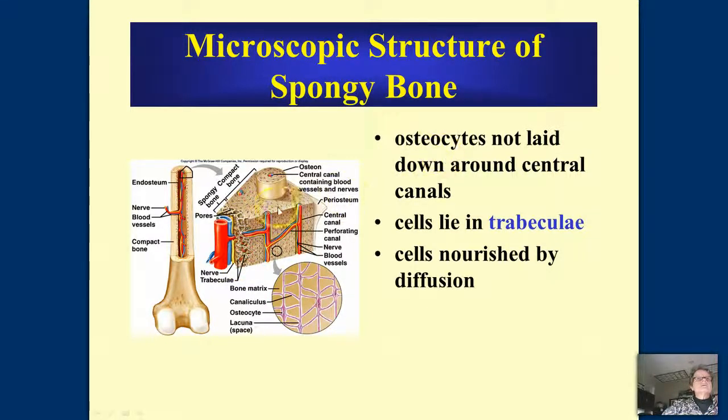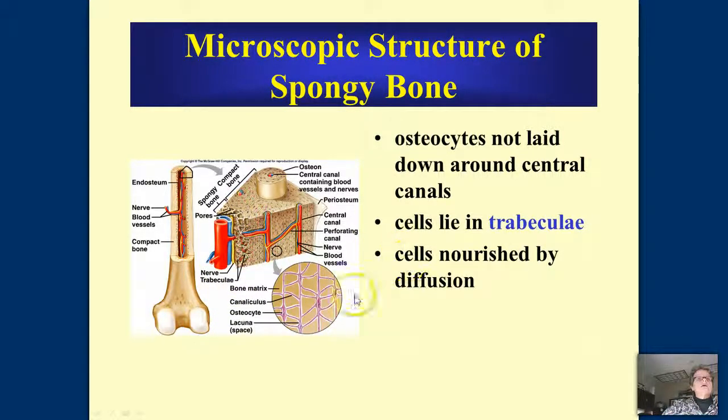The osteocytes are just laid into the trabeculae, or these little plates that make up the spongy bone. Trabeculae are these plates that make up the spongy bone, and the osteocytes are randomly placed in the trabeculae. There are no osteons.